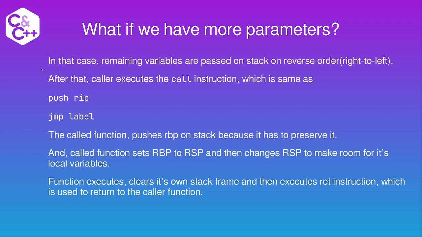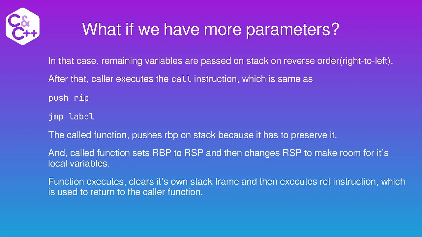Let's say we have a function that takes 9 arguments. We put the first 6 of these arguments in the registers. Then we go to the 9th argument and push that on the stack, then the 8th argument, push that on the stack, and the 7th argument, push that on the stack. So we have all of our parameters accessible to the function.